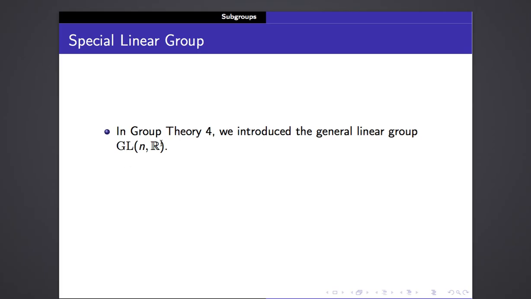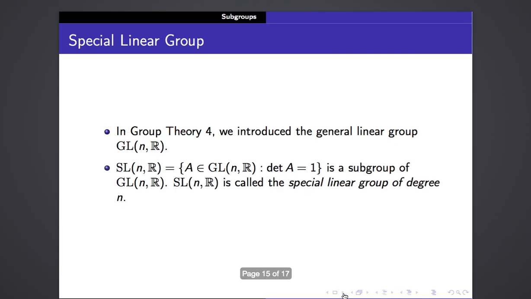Okay, in group theory 4, we introduced the general linear group with this notation, GL of n, R, R being the set of all real numbers.